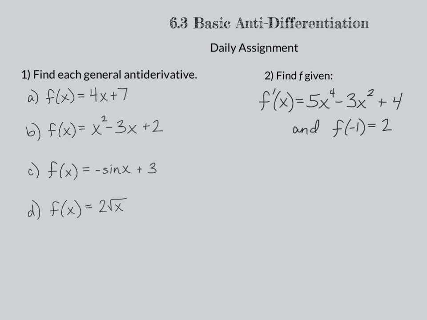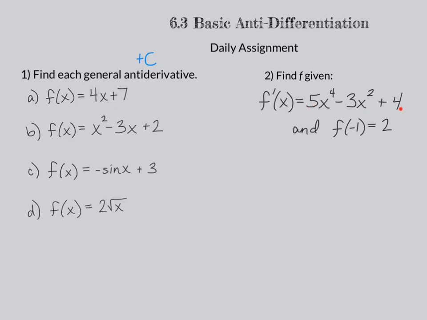Here's your assignment. Okay, today's daily assignment is finding 4 general antiderivatives. You're going to have plus c's with all of these at the end. Then you're going to have one where you have to find c. These are like the last 2 examples that we just did.